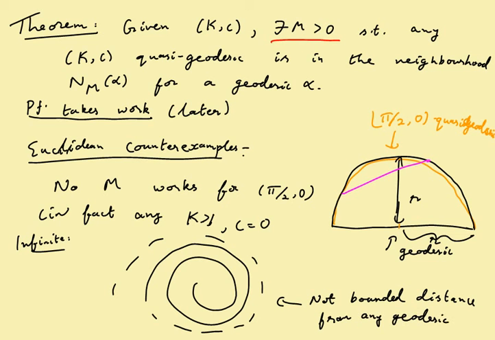In the first case, what we saw is, of course, because it's a finite quasi-geodesic, it is bounded distance from a geodesic, it's bounded distance from a point, but not in a uniform way, depending on the constants of distortion. In this case, if you take an infinite spiral, it's a quasi-geodesic, but you have to set it up a little carefully because there are quite significant shortcuts here. You have to spiral out fast enough to make it a quasi-geodesic, but you can do so. It's not bounded distance from any geodesic at all.